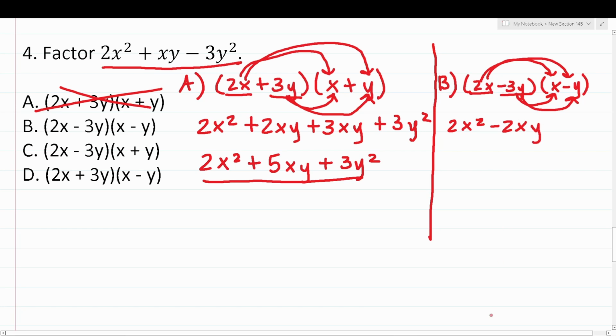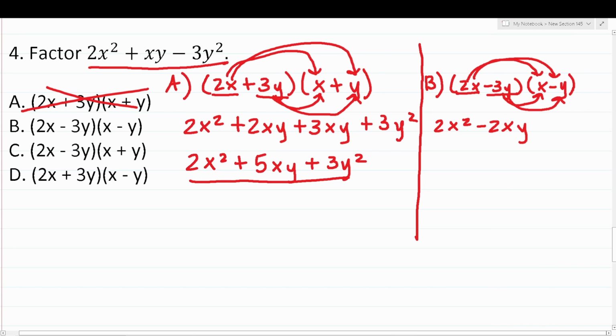Negative 3y times x is negative 3xy. And then negative 3y times negative y is going to be plus 3y squared. Let's go ahead and combine like terms. This becomes 2x squared. Negative 2xy minus 3xy is negative 5xy.